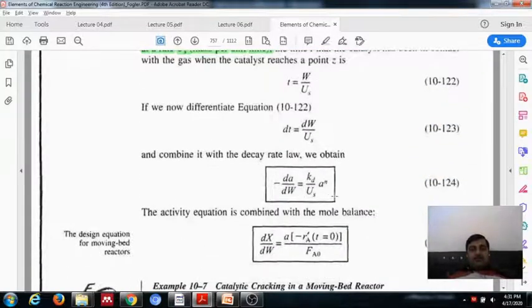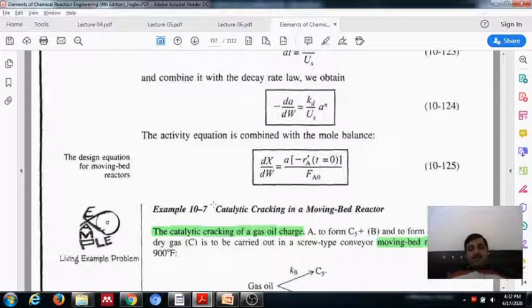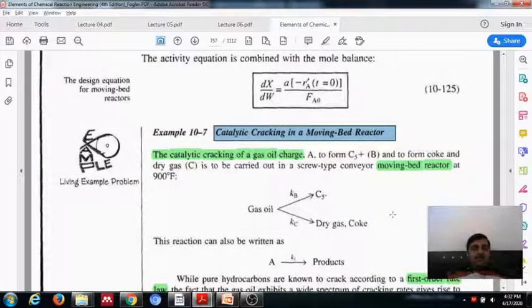We have gone through the mole balance to get the design equation F0 dX/dW is minus rA. rA is a function of activity, which can then be taken from the decay or deactivation law. We can solve both of these. So the equation dX/dW equals minus rA, and the equation da/dW is kd a of C raised to a power, are the basic design equations that we should use in solving moving bed reactors. We have seen an example of catalytic cracking in a moving bed reactor where gas oil is being cracked to get coke and products.